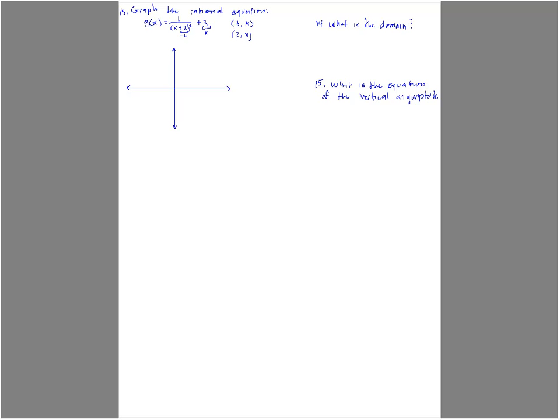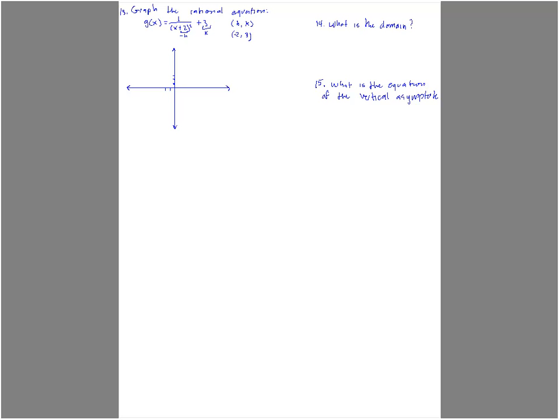Or really what I'm saying is, that's negative 2 and 3, not 2. Whatever you do with this function, you must make sure that you shift it over to the left by 2 and up by 3.